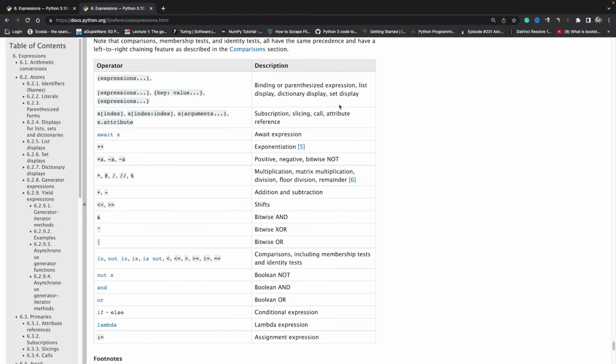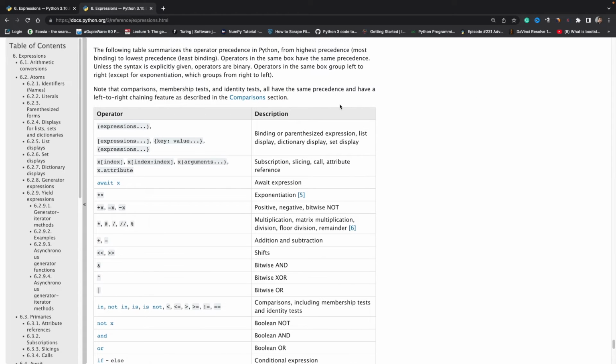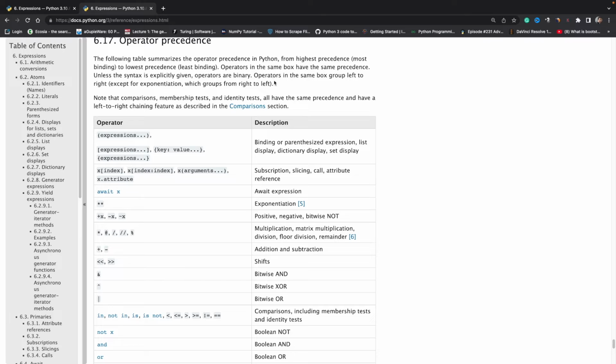To understand this part, read this particular statement. It says operators in the same box group left to right, except for exponentiation, which groups from right to left. This is the important thing. For exponentiation, it is right to left.